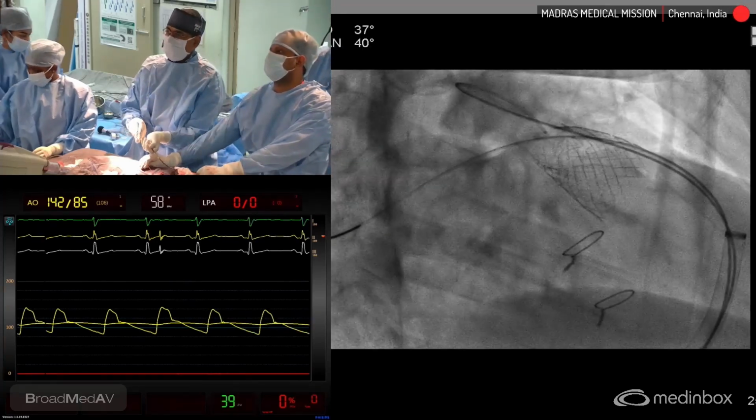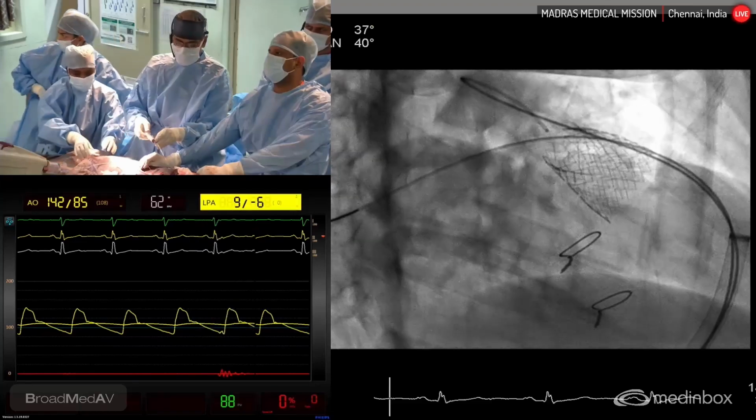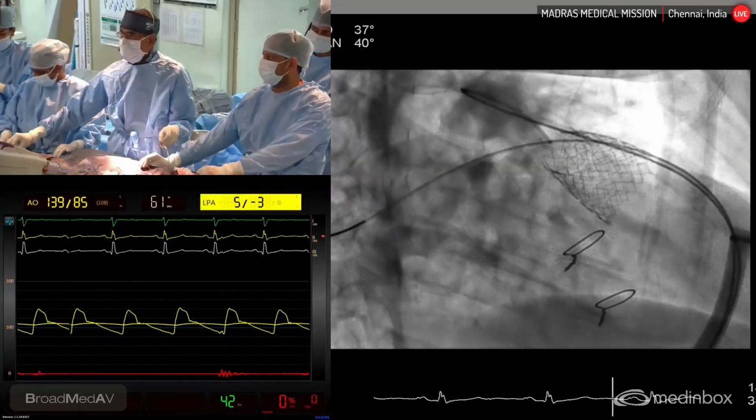So this is the check. The contrast was feeble, so I will make another injection.